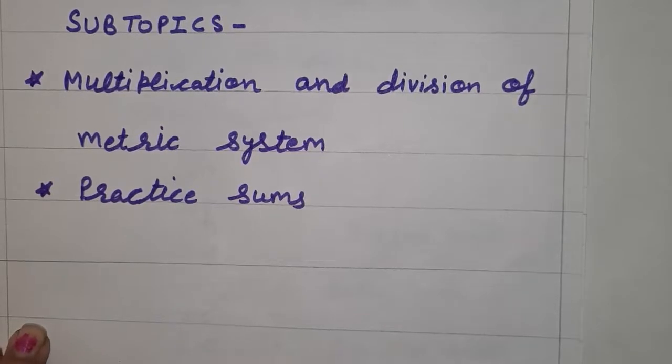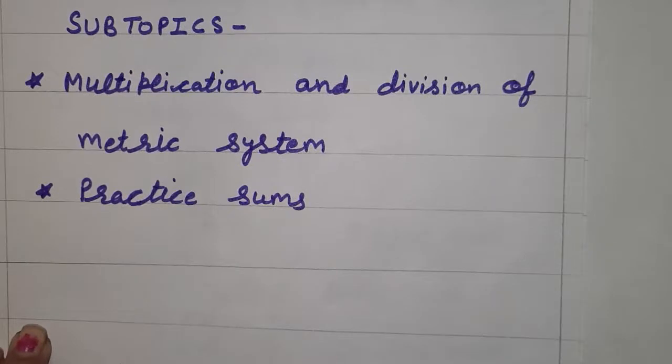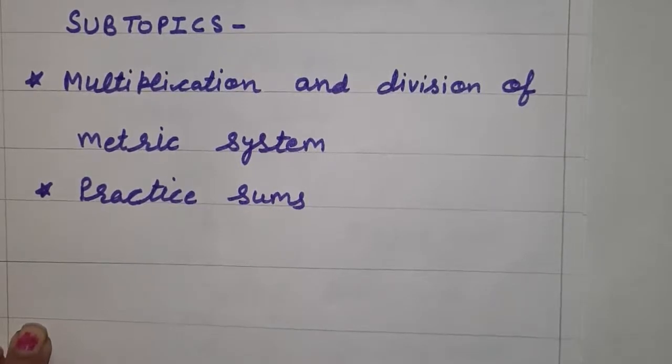Okay, so as this lecture is in continuity, in summary lecture 1, we have done questions 1 to 5 with the conversion formulas related to length, weight and capacity. Now we will do multiplication and division of metric system.